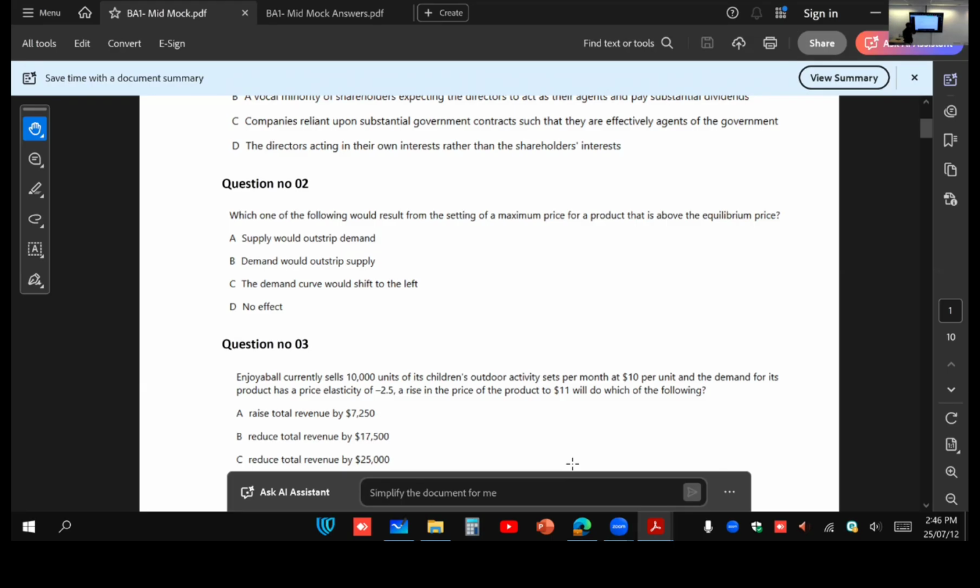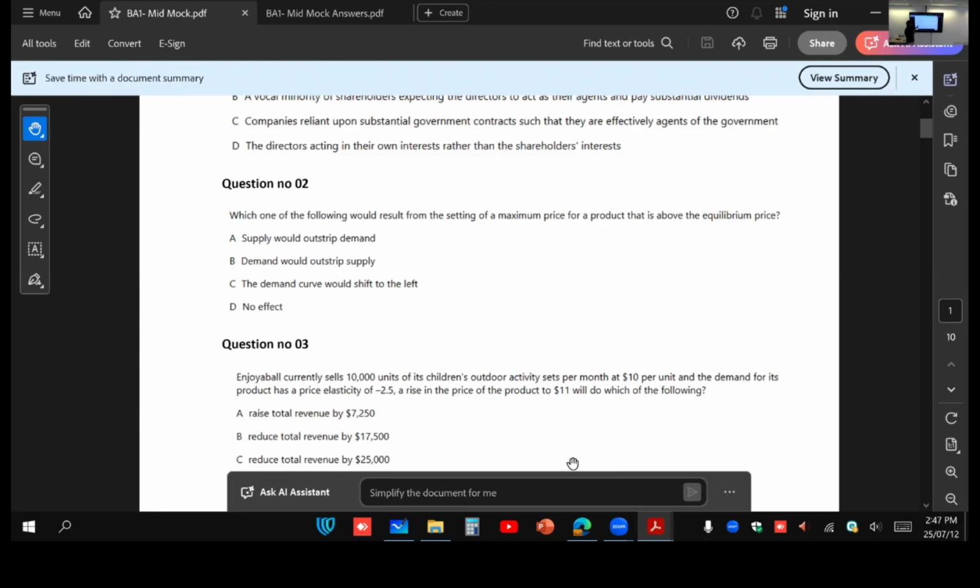So maximum price is set above the equilibrium price in a situation where supply is high and the demand is less. So what will happen? That will create no effect. If that was the minimum price, then of course it would. Understood? You better go and check your notes. Whatever the line we drew above the equilibrium was minimum.